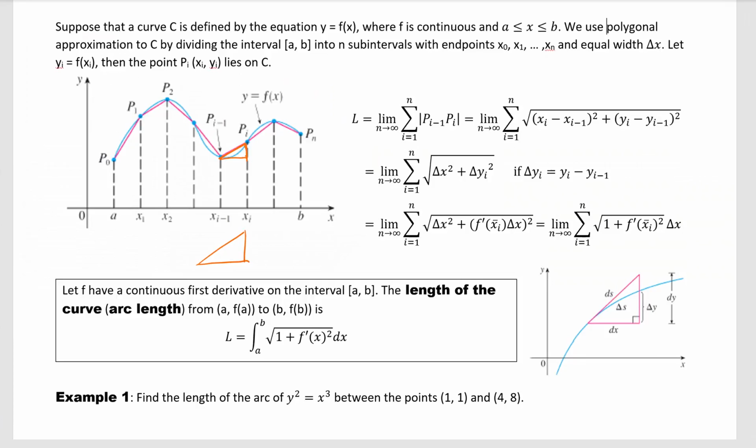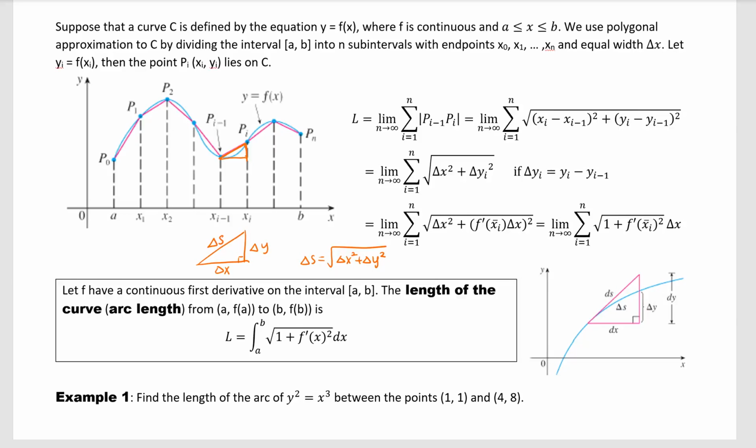If we say this is change of s, then this is change of x, this is change of y. So you see we have a Pythagorean theorem. This line segment is equal to the square root of change of x squared plus change of y squared, right?